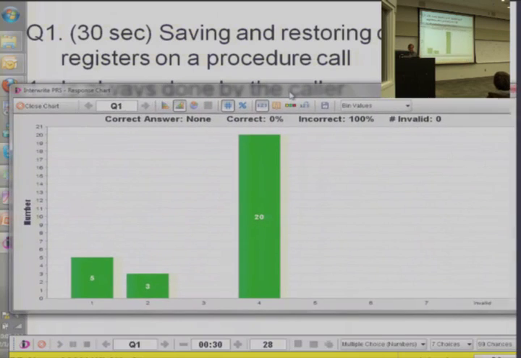Oh, okay. Okay, all right. So that's question 1.